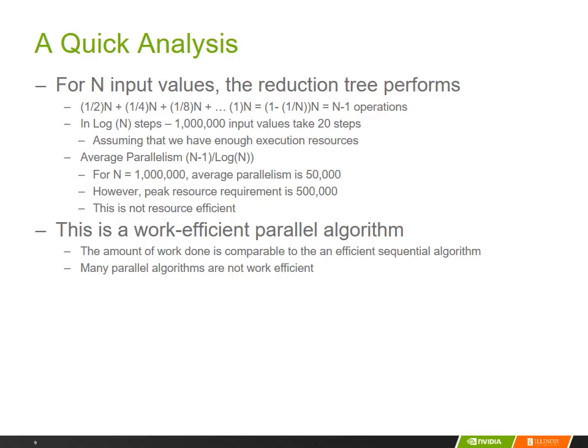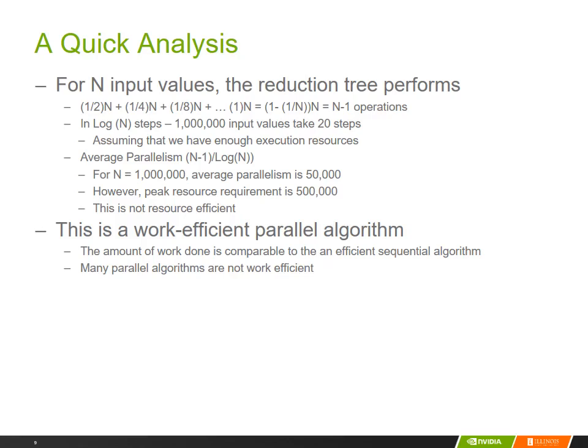If we add up the series of 1 plus half plus 1/4 plus 1/8, it becomes 1 minus 1/n. For n that is very big it approaches n, but for any particular n value, this series adds up to n-1 operations.